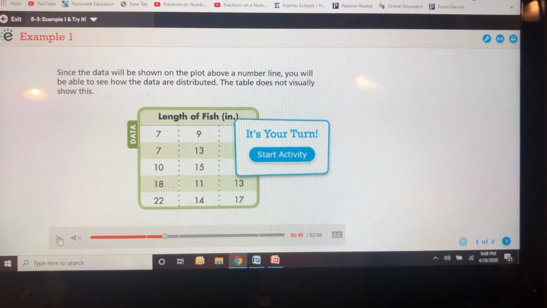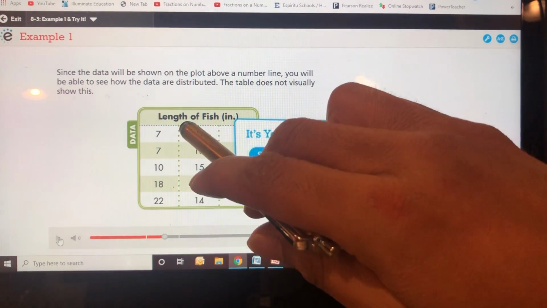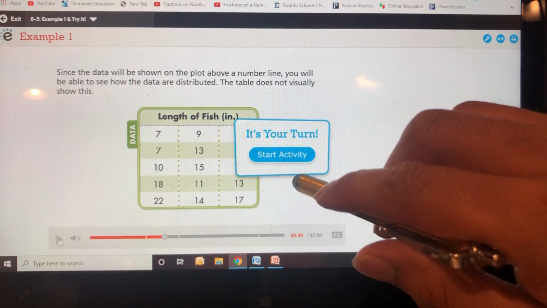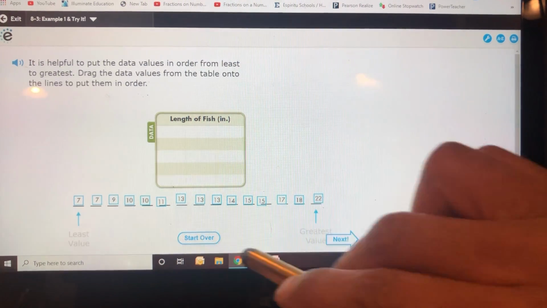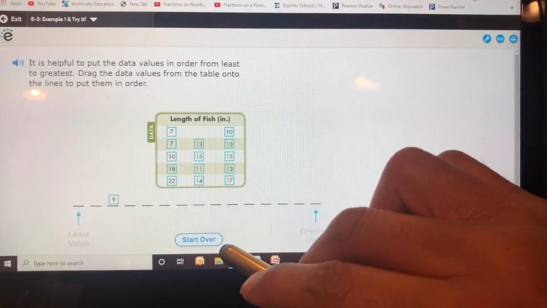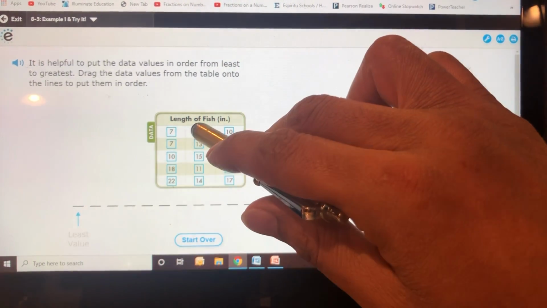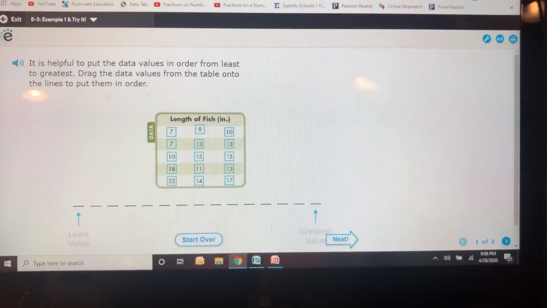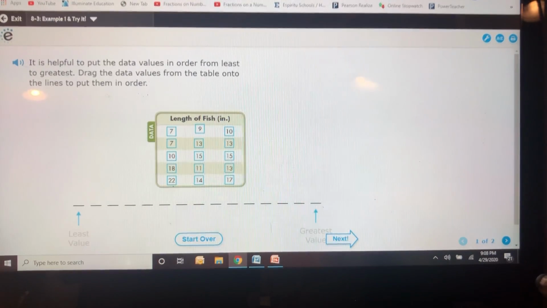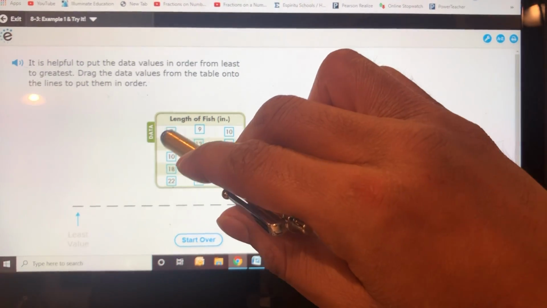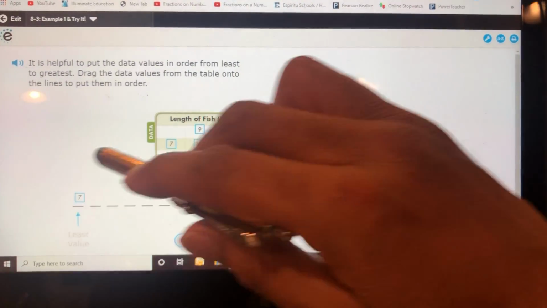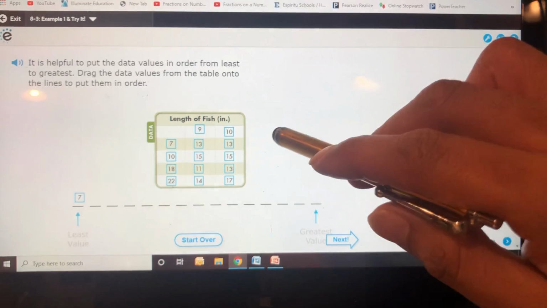So the table has a bunch of random numbers that describe the length of the fish. We're going to start with step 1. So here you have your table, and step 1 is to put all the values in order from least to greatest. So I'm going to drag them. Obviously you would be writing them down.